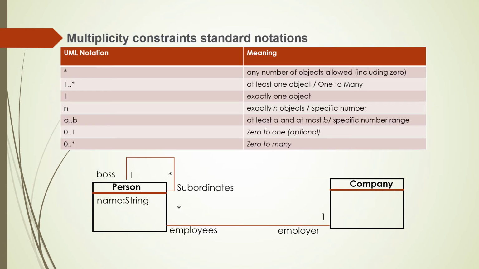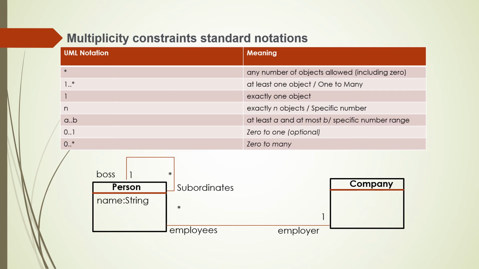Here are some multiplicity constraints and standard notations of UML. Asterisk means any number of objects allowed, including 0. 1 to asterisk means at least one object, or one to many. 1 means exactly one object.